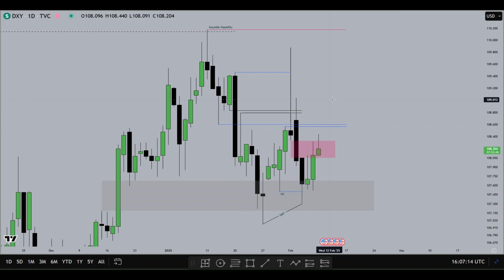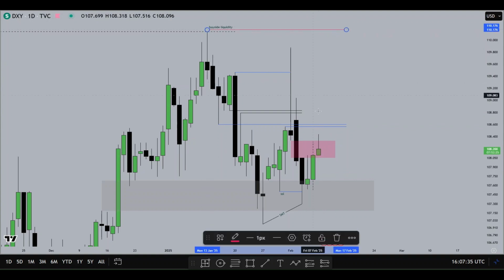Okay, so look what's happened. For us to engage this high and that high, which are relatively equal highs, very smooth, you want to see a daily candle. Listen, folks. For us to engage this short-term high right there, we want to see a daily candle close above this CB.